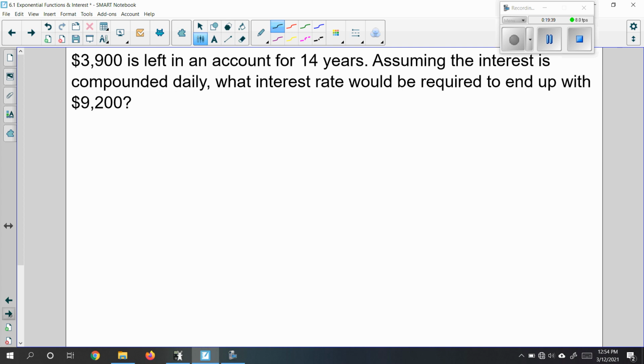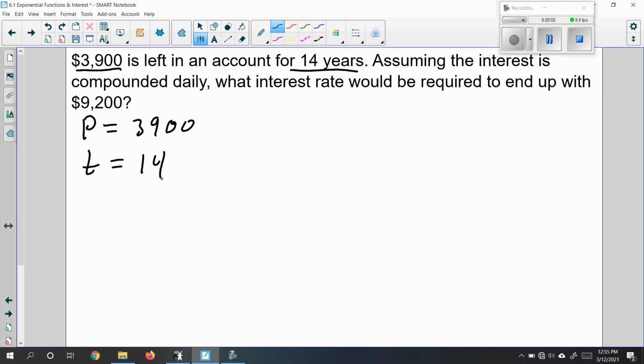Let's take a look at another example. $3,900 is left in an account for 14 years. Okay, so this is the starting value. So P is going to be 3,900. It's left in an account for 14 years.